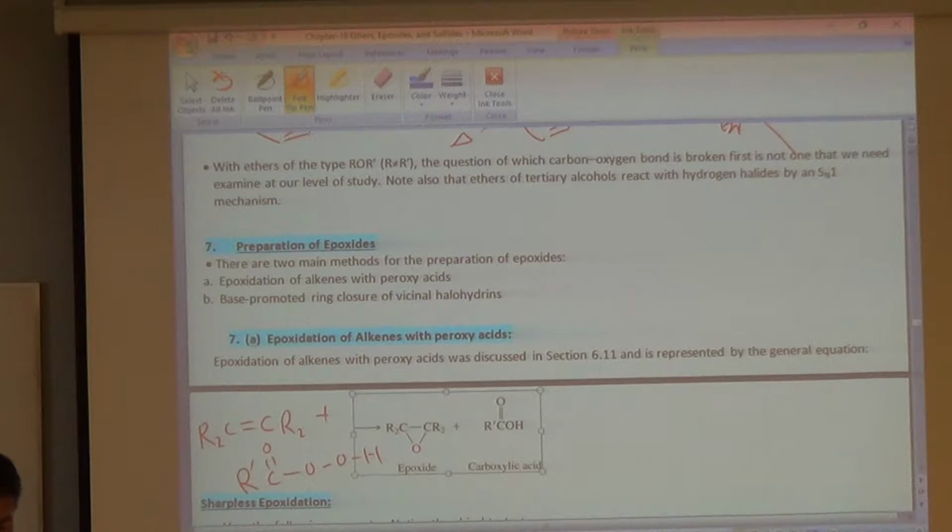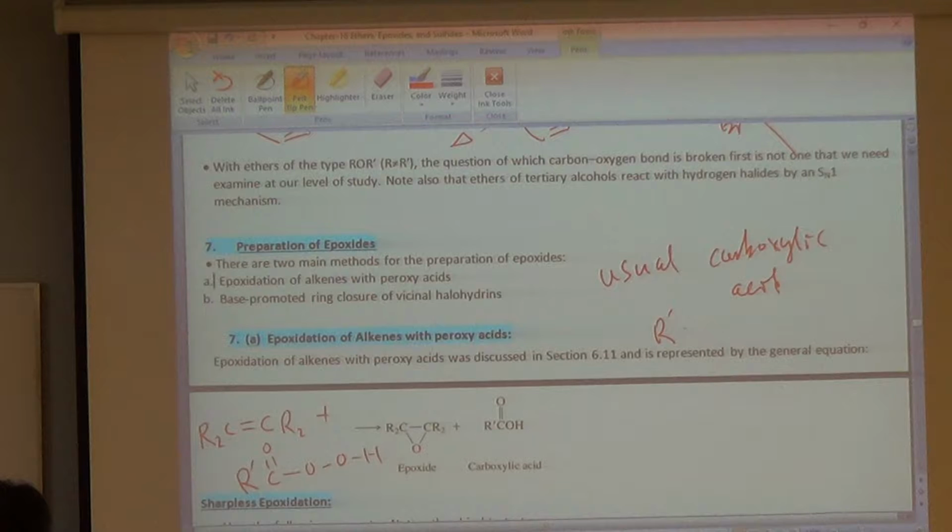Usually the carboxylic acid will have the structure R prime, C, O, O, H.